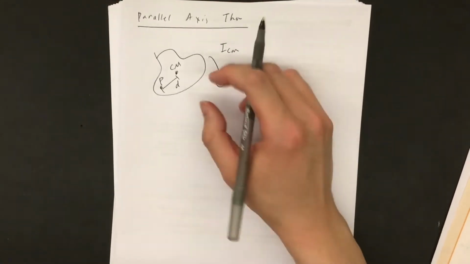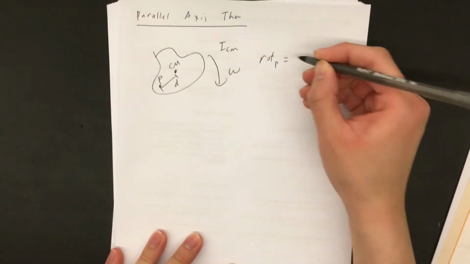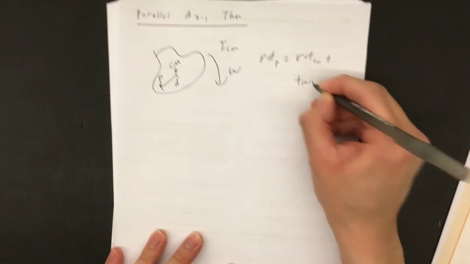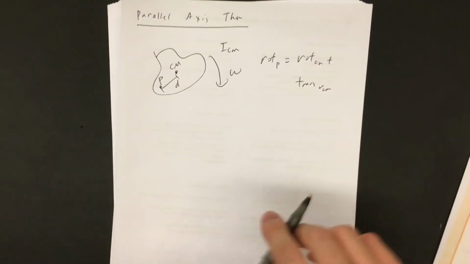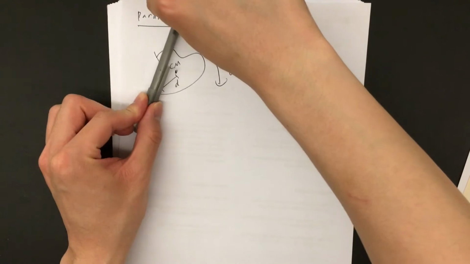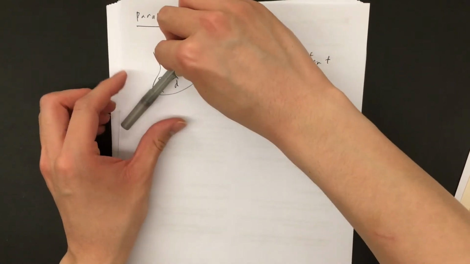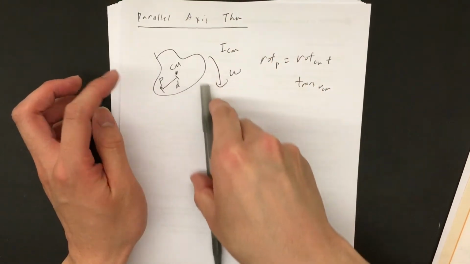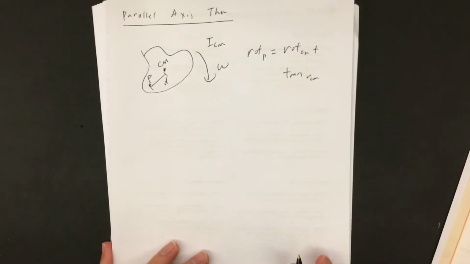Then the rotational motion along P, I'm just going to call it rotation along P, is equal to rotation along center of mass plus translational motion with velocity vcm. What I mean by that is this rotating at point P equals to this object rotating along the center of mass plus moving translationally with velocity v center of mass.